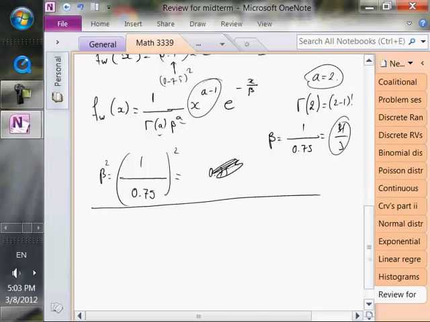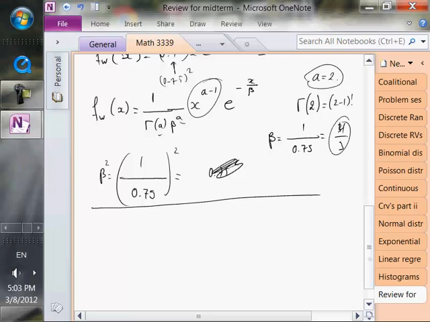Waiting time until the kth occurrence occurs in a Poisson distribution. That's one of the significances of gamma. In general, it's lifetime. But lifetime is waiting time until your death. That determines your lifetime. Okay? That would be an exponential function. So that's why we say that gamma also models lifetime.